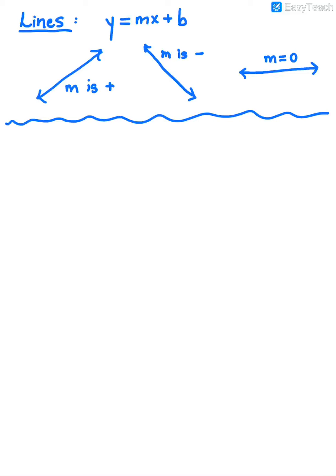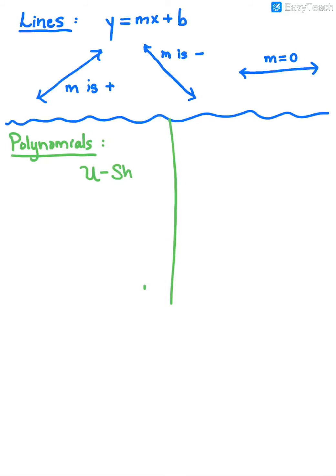Okay, so the second type of shape that we're going to talk about are polynomials. And there are two basic types of graphs. And so we get either something that we consider a U-shaped graph or something that we consider an N-shaped graph.